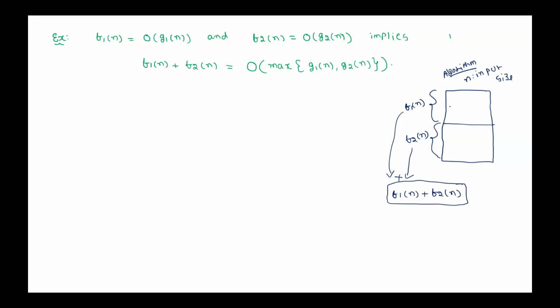For the first part, someone has calculated the number of operations, and the order of growth is either equal to g1 of n or lower than g1 of n. Similarly, the second part is calculated like this. Then the question now is whether this sum is the same as this.